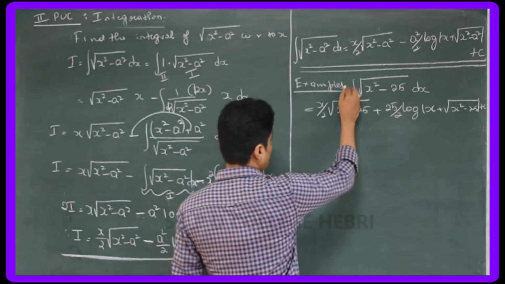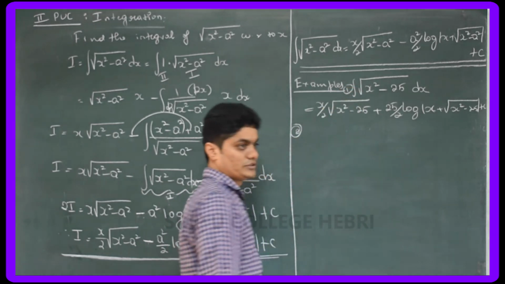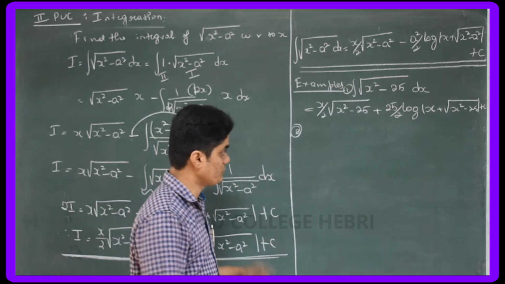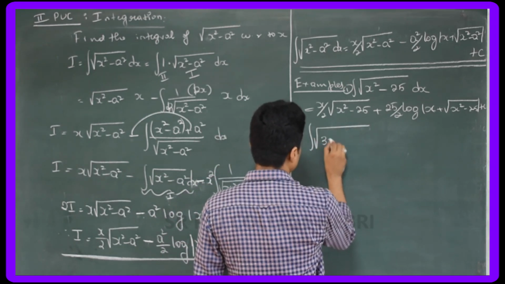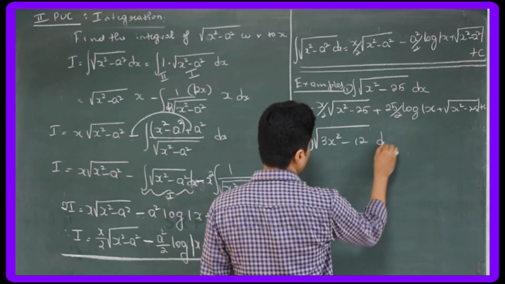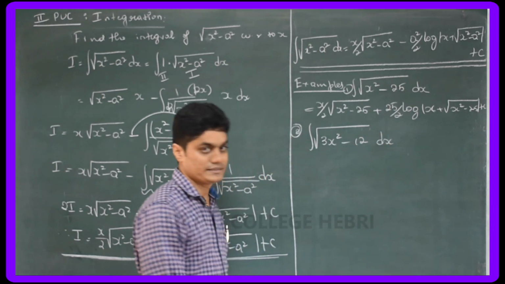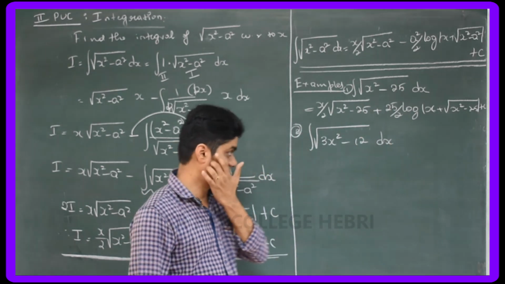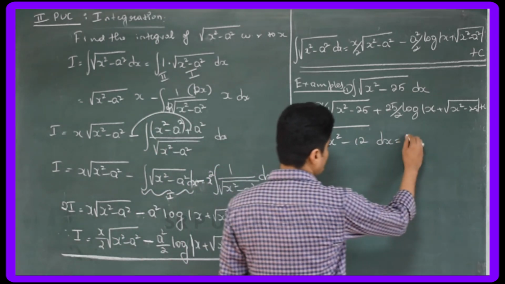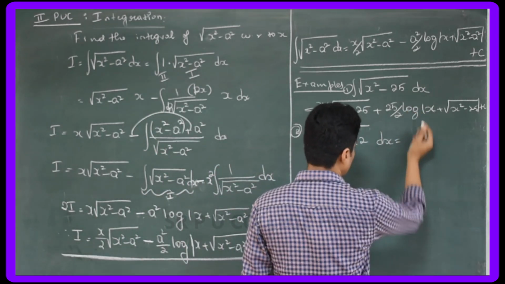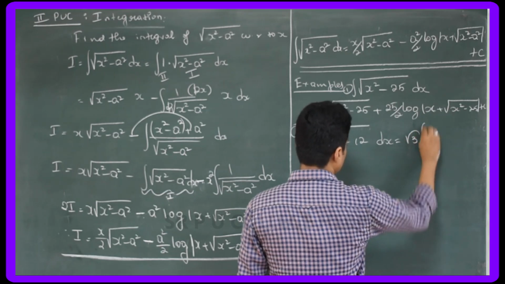Let me take another example. It is not direct work. You need to rearrange the problem before using the formula, and it will be like this. Root of 3x square minus 12 dx. Since here the coefficient of x square is not equal to 1, first you have to take it outside from the square root. So it will be root 3 outside.